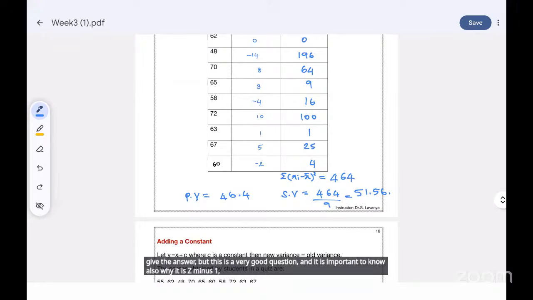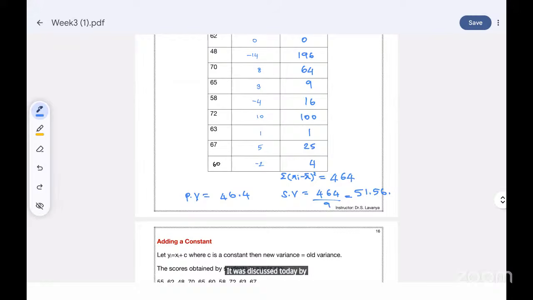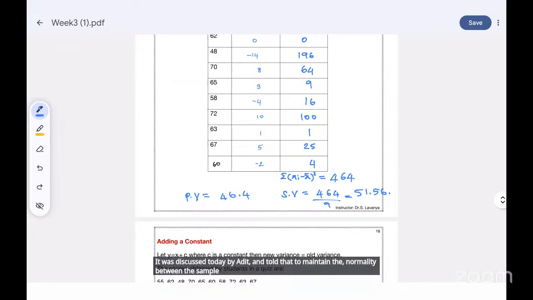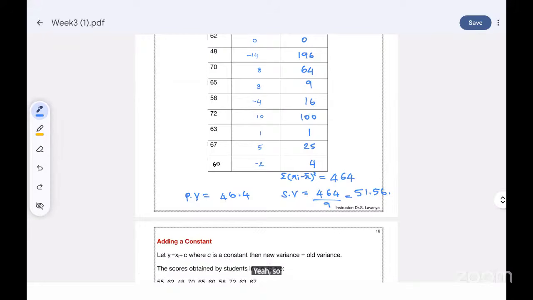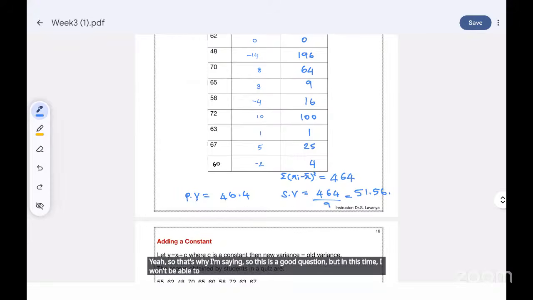It was discussed today by Aditya sir. Sir told that to maintain the normality between the sample and the population variance, it is done by some theorem.